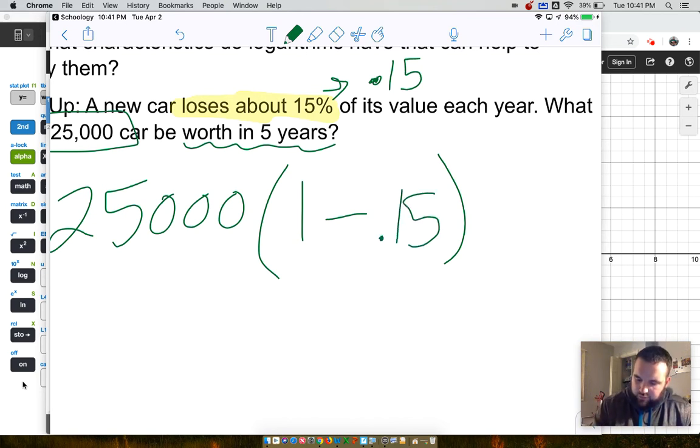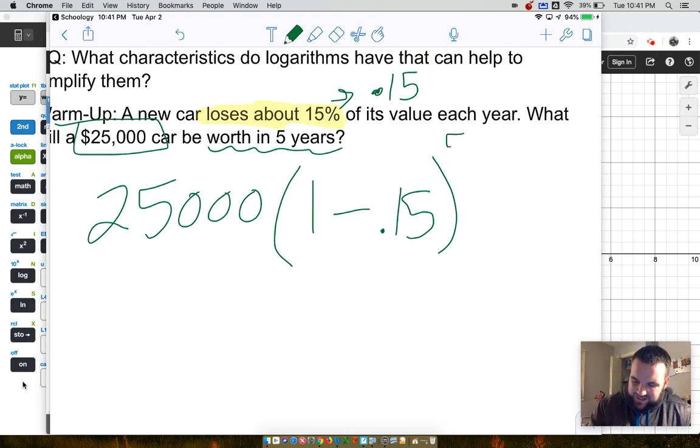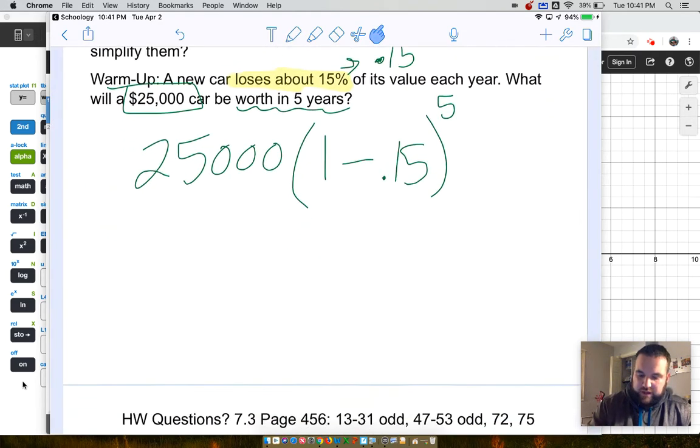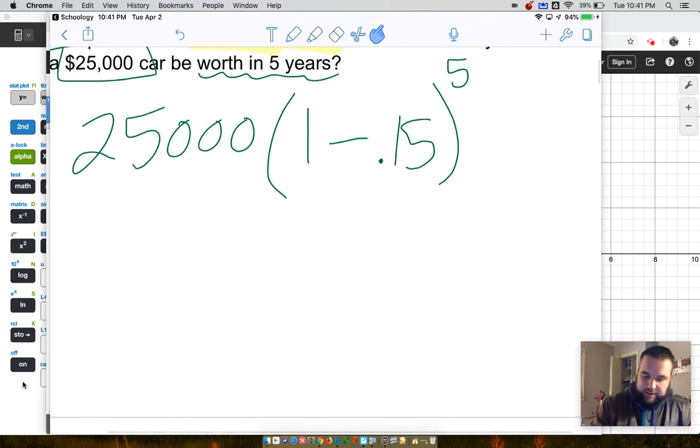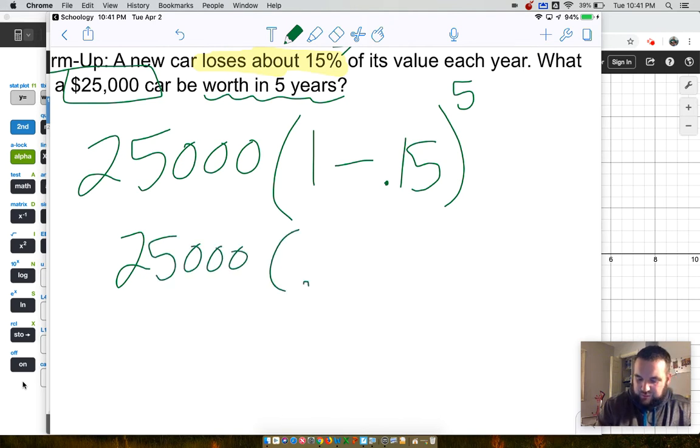If I put 0.15 in here and I want to know the value in 5 years, so that's my time, which is also my exponent, then I'm going to clean up the decay factor in the parentheses. I'm going to simplify that to be 0.85 raised to the 5th power.